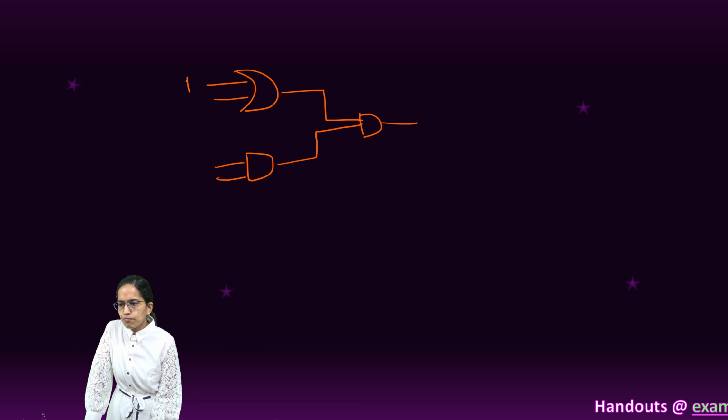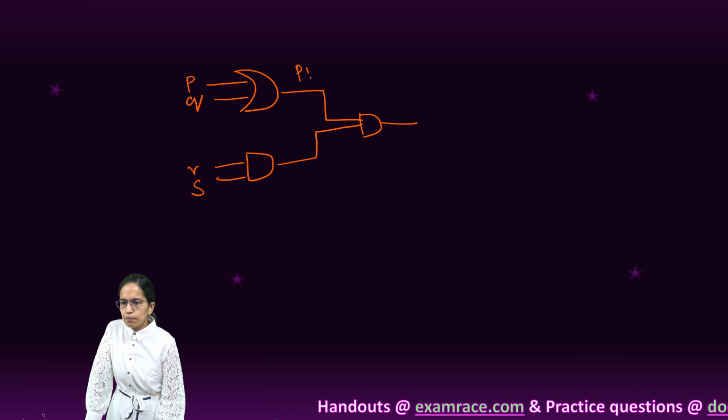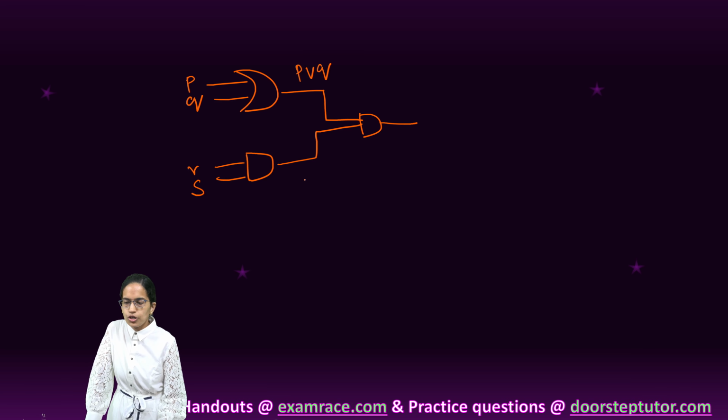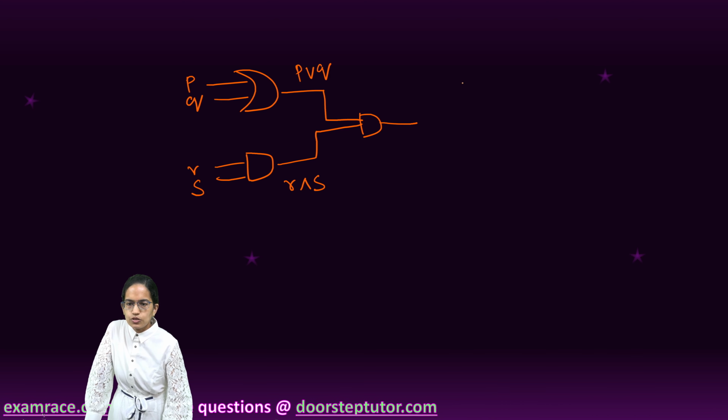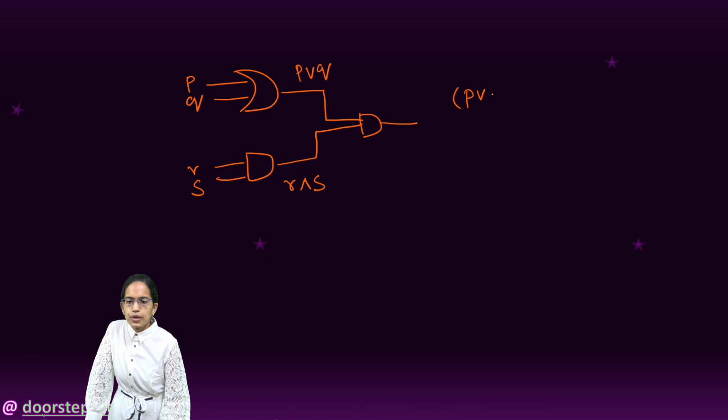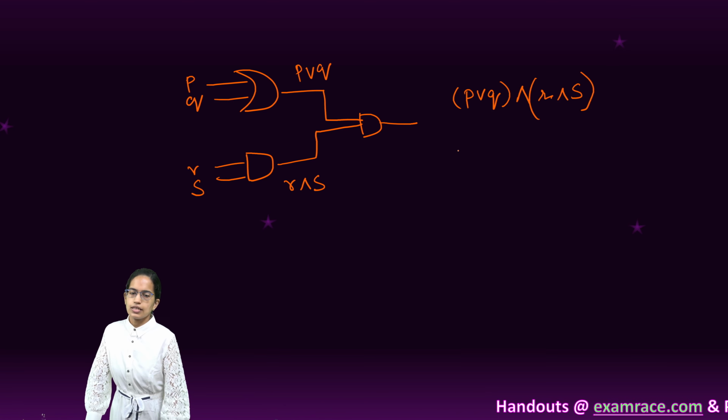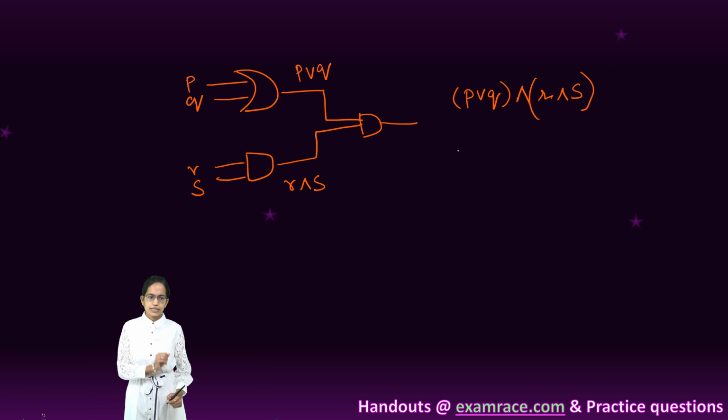So I have P, Q, R and S. So this would be P or Q, R and S, and then again AND. So my final output, when I would be writing it, would be P or Q and R and S. So this is how I would represent this circuit.